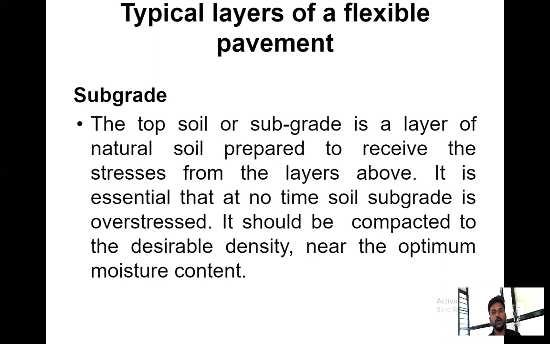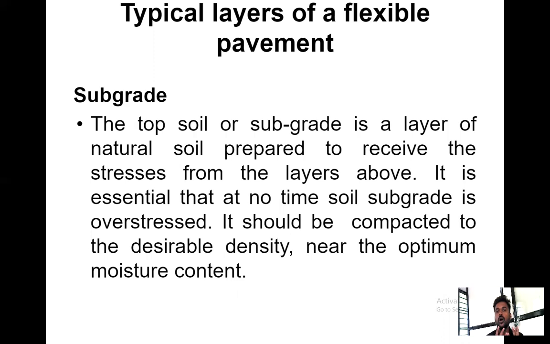If it happens, what will be there? There will be failure of that pavement. It will get settled down. It should be compacted to the desirable density. What we have to do is achieve the desirable density near the optimum moisture content, which you might have learned in geotech.